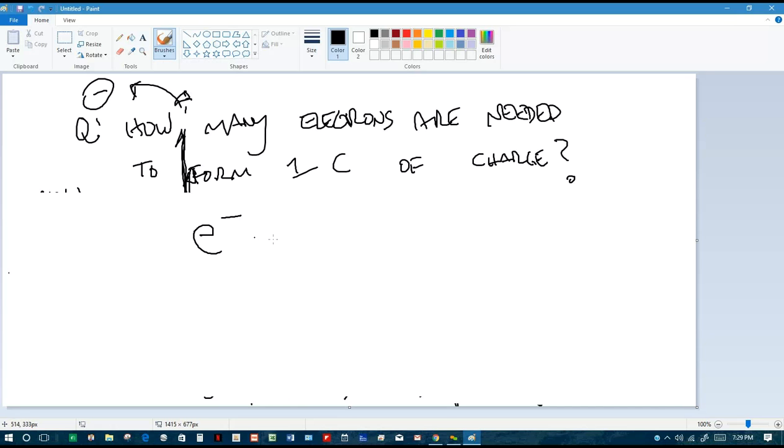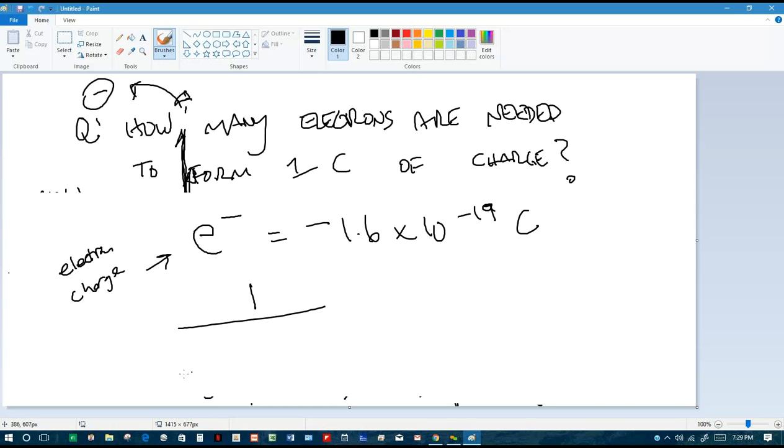The charge of an electron is negative 1.6 times 10 to the minus 19 coulombs, right? We want to know how many of those it takes to create the number 1? Because we already said that number is way less than the number 1, right? So you would do 1 divided by 1.6 times 10 to the minus 19 on a calculator, and you'll get the answer that you had written down.